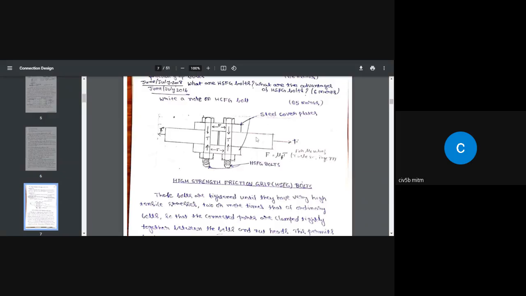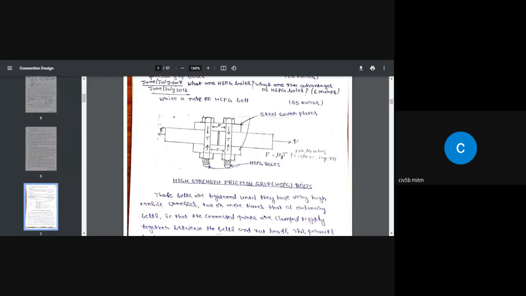So when you apply some force, there is going to be friction developed between the steel cover plates and the main plates surfaces, here and here. And this friction is going to be made use of to withstand the external force F. This is what friction type connection is.